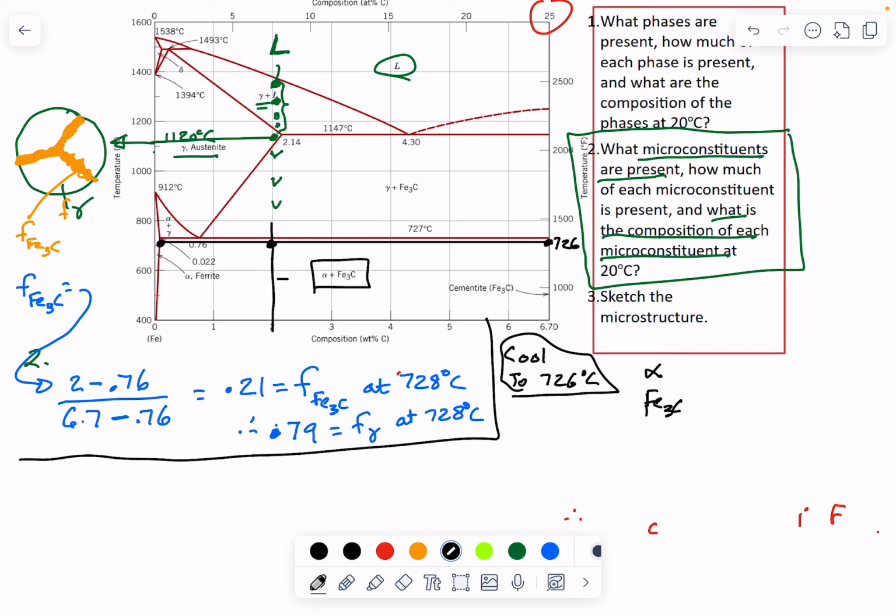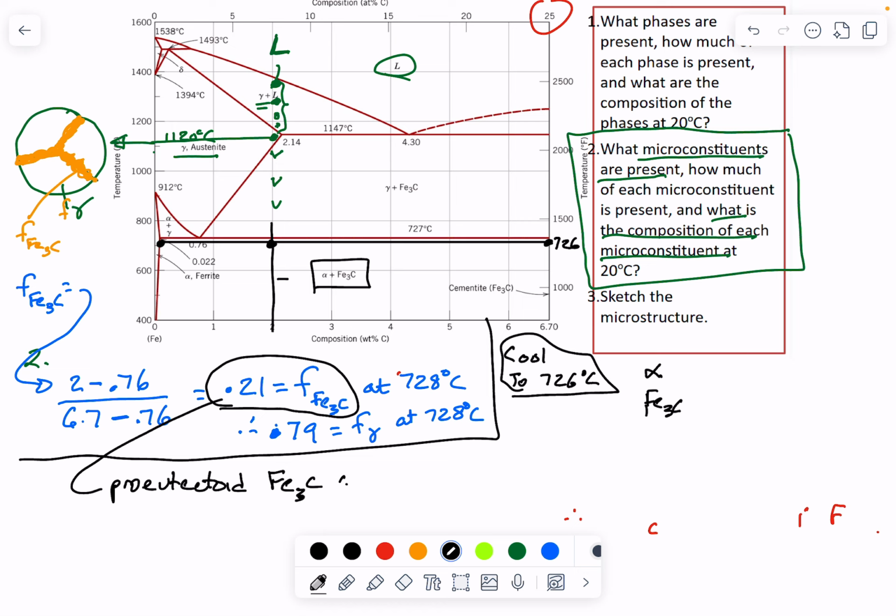So that Fe3C that we already formed stays there. So the Fe3C that already formed has a name. So we call this proeutectoid Fe3C.